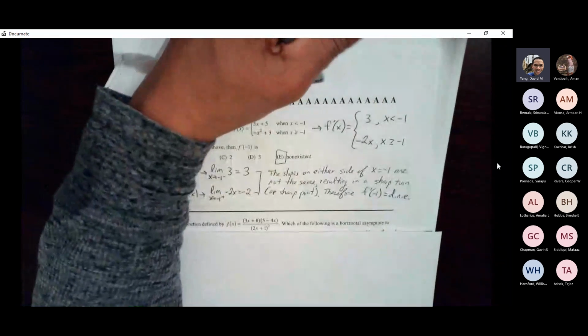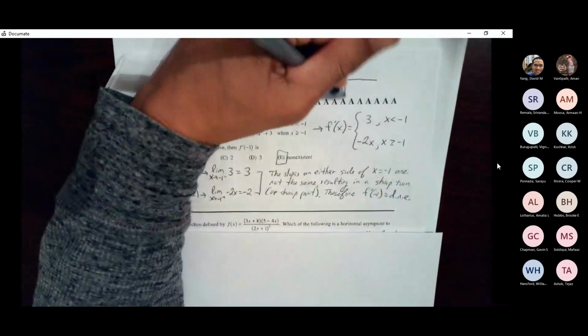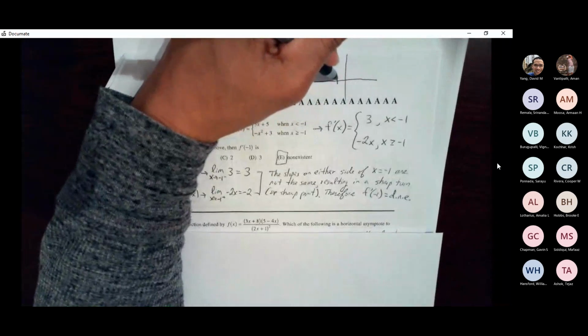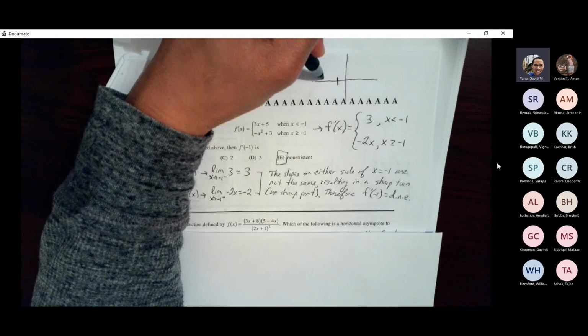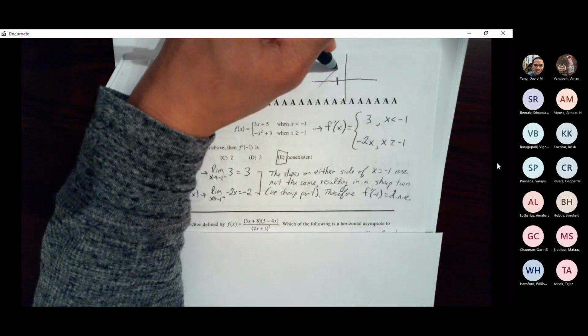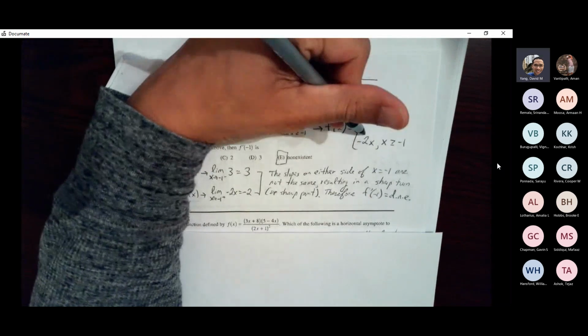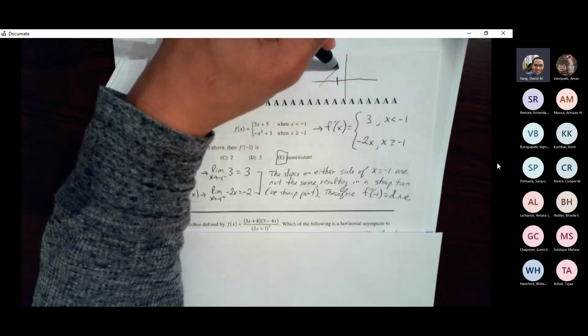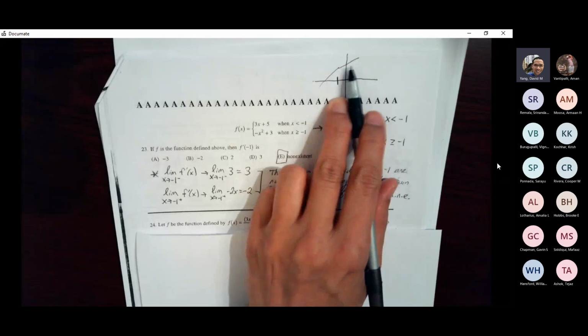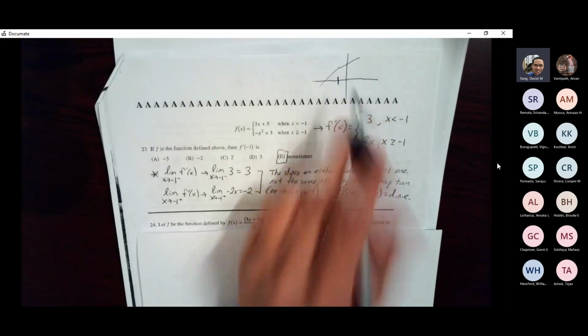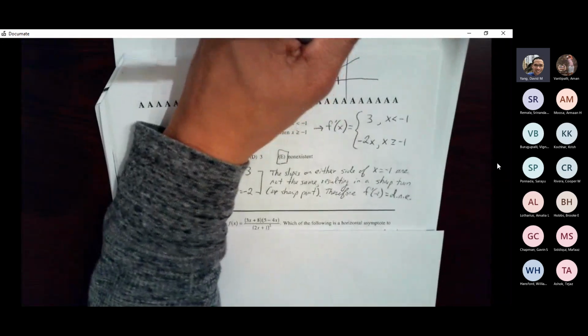So what's kind of happening here is you have a graph that has a slope of positive 3, and all of a sudden, it's going to switch over to a slope of a positive 2, which is still positive, but we see that there's a sudden change in slope, right?